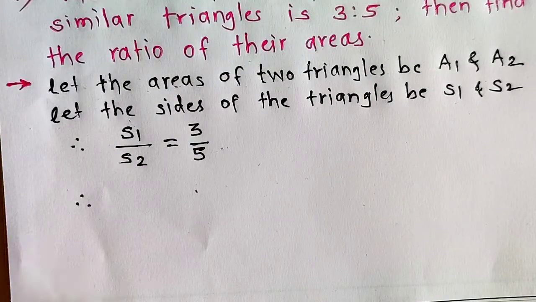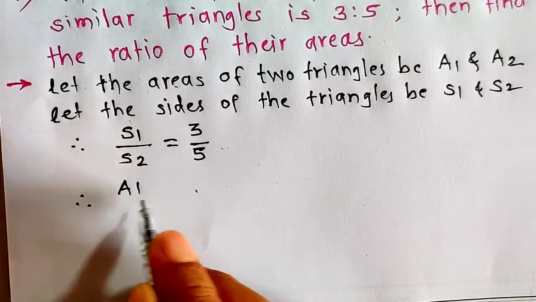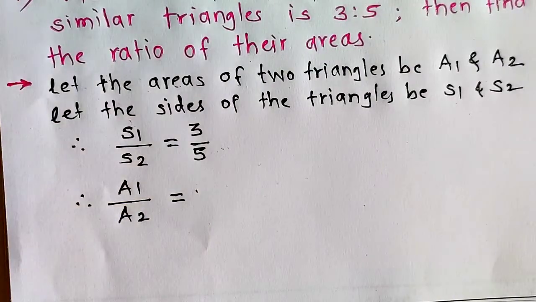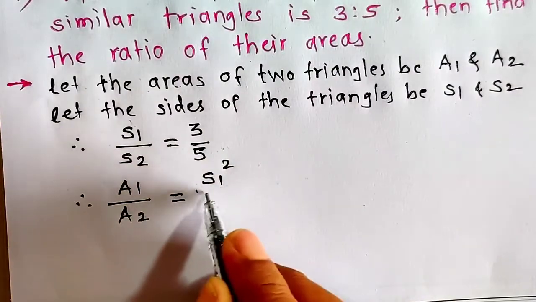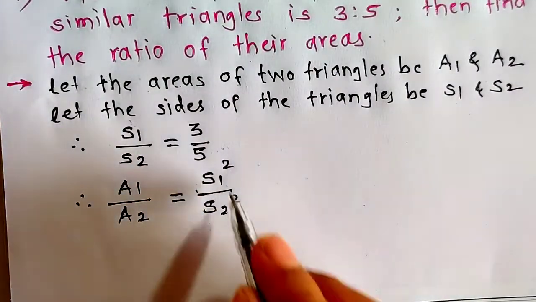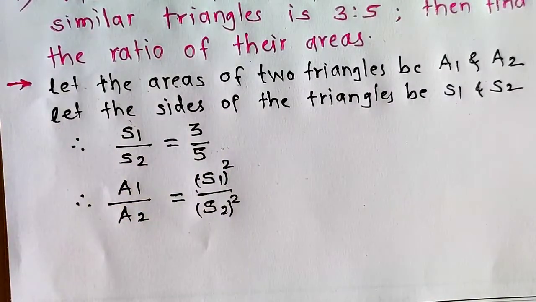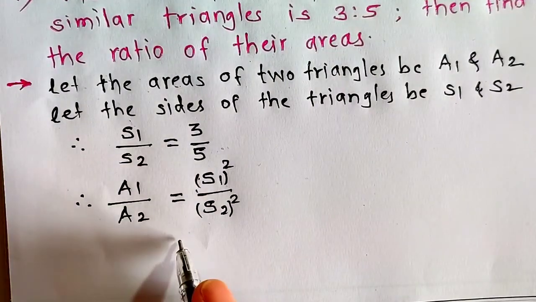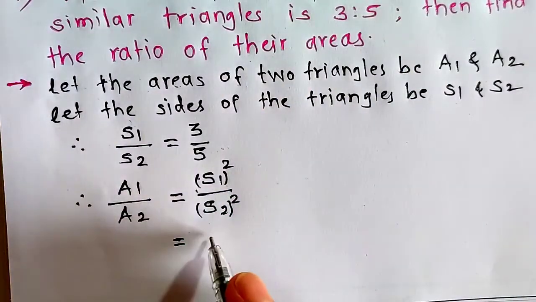The ratio of areas of two similar triangles, means A1 upon A2, is equal to the ratio of the squares of their corresponding sides, means S1 square upon S2 square. Now S1 by S2 is given as 3 by 5.